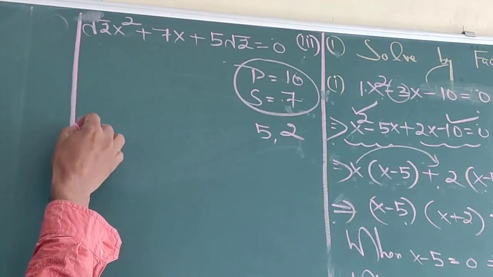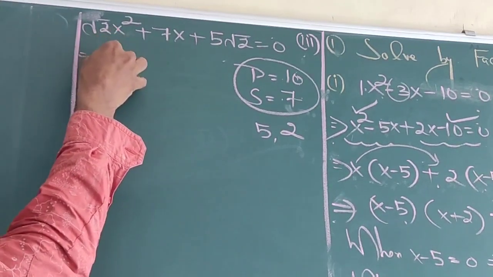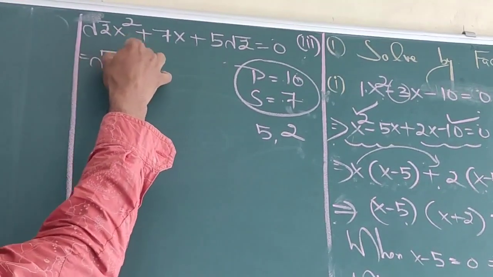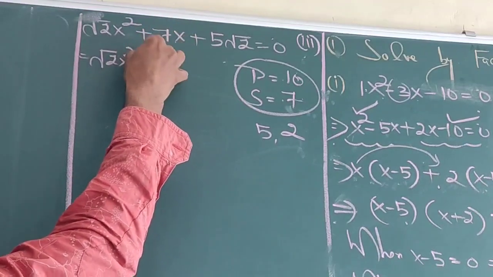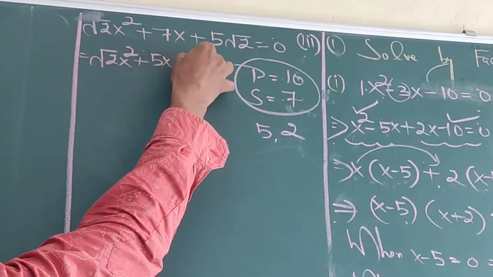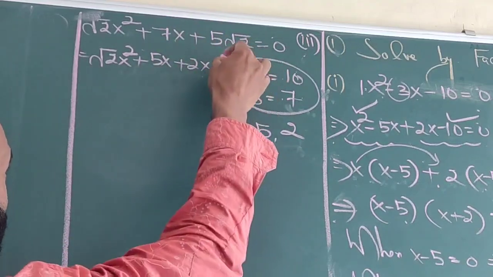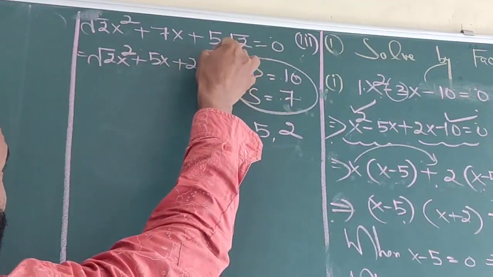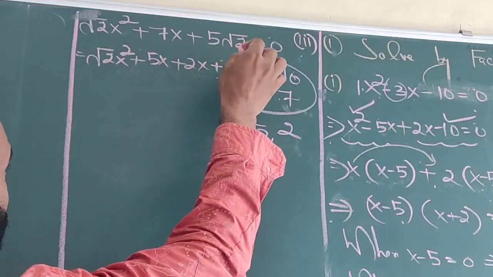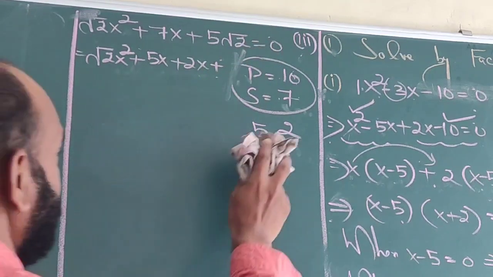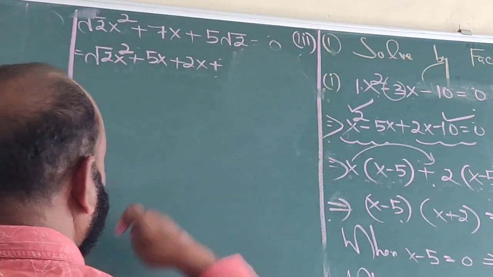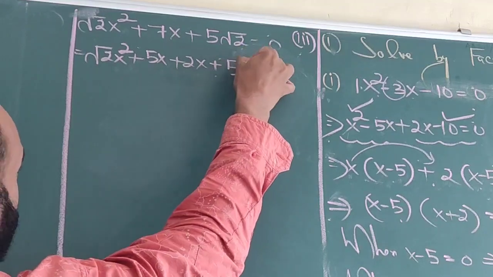So it can be written in the form root 2 x square plus 5x plus 2x plus 5 root 2 equal to 0.